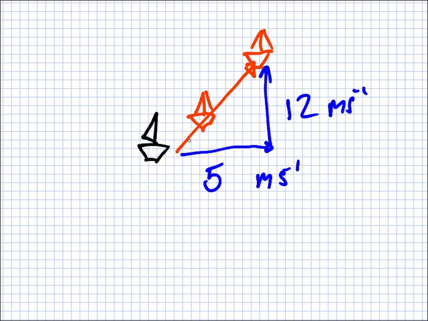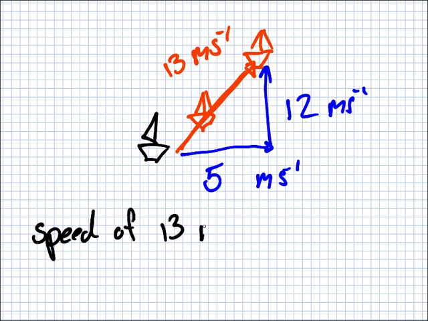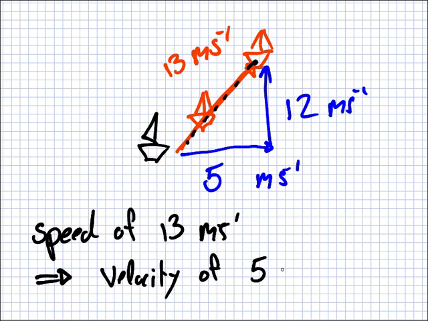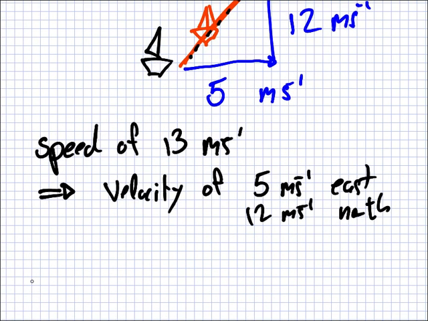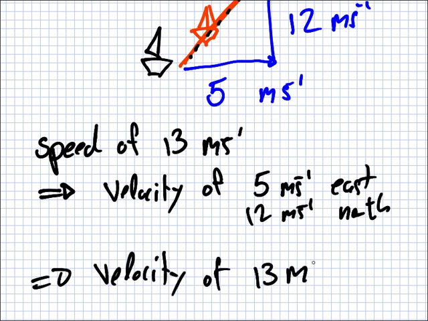What's this side here? 13. So you could say that the boat has a speed of 13 meters per second, heading this way. Or you could say it has a velocity of 5 meters per second east, 12 meters per second north. Or you could say it has a velocity of 13 meters per second at an angle.